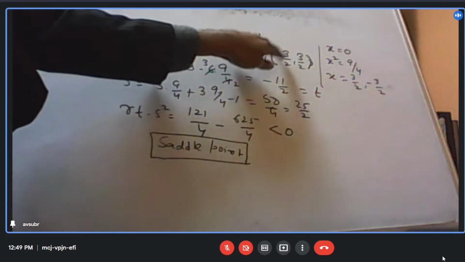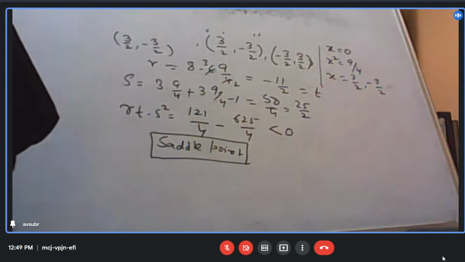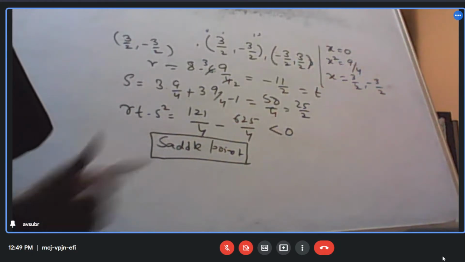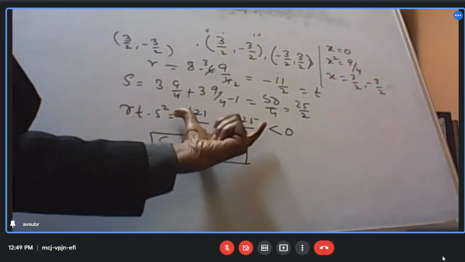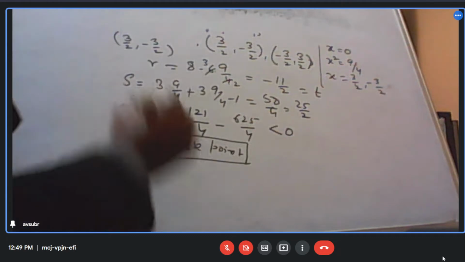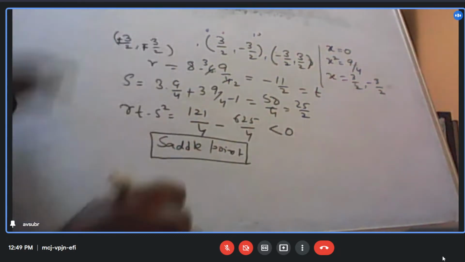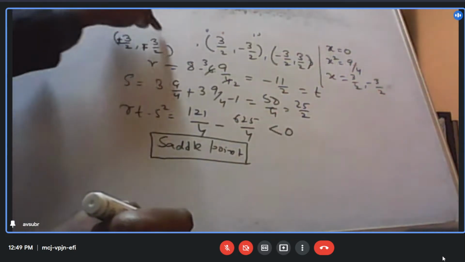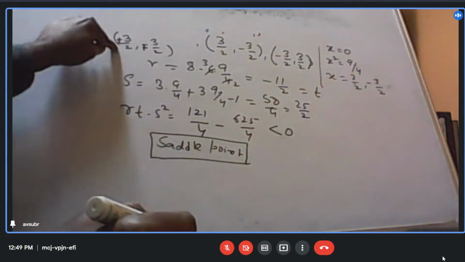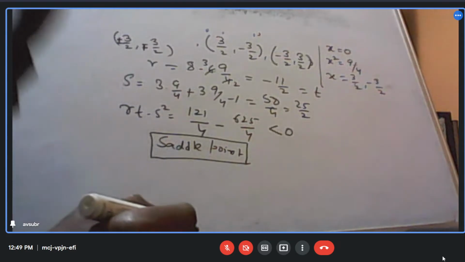Similarly, if you do it with minus 3 by 2 and plus 3 by 2, y equal to plus 3 by 2, once again you will end up with this particular result only. When plus 3 by 2 is there, here it is minus 3 by 2. When it is minus 3 by 2 here, it is plus 3 by 2 here.